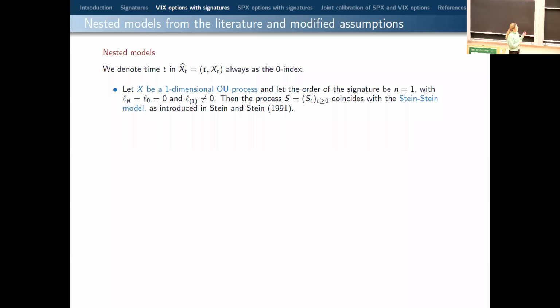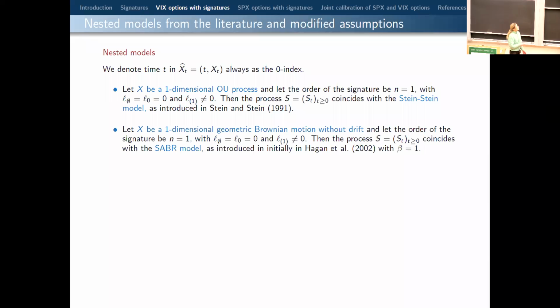So for instance, if X is a one-dimensional OU process and you consider these parameters like that, then you recover the Stein-Stein model. You can also recover the SABR model when you have beta equal to 1 in the language of the SABR model.